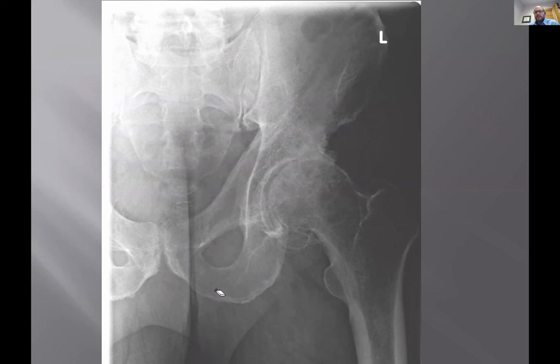Normal or abnormal? Does this film look normal or abnormal? Abnormal. Okay, obvious, good. So that's the first step. And do you think that this is SI joint pain, or true hip joint pain? Not a hard question, but everyone see it?